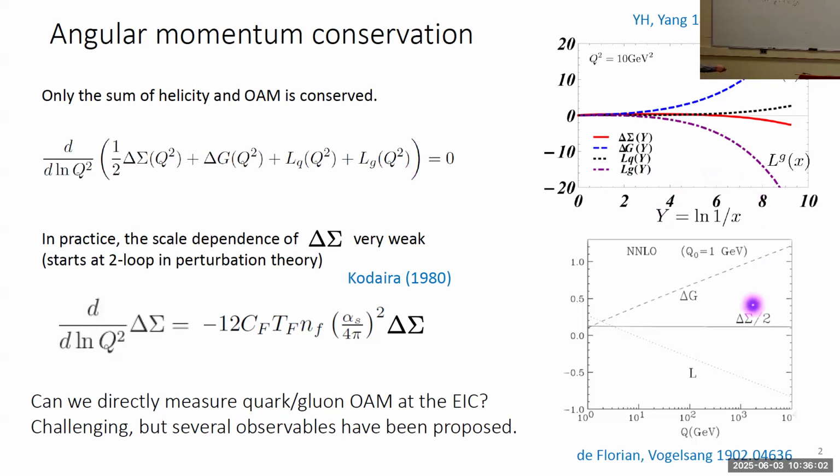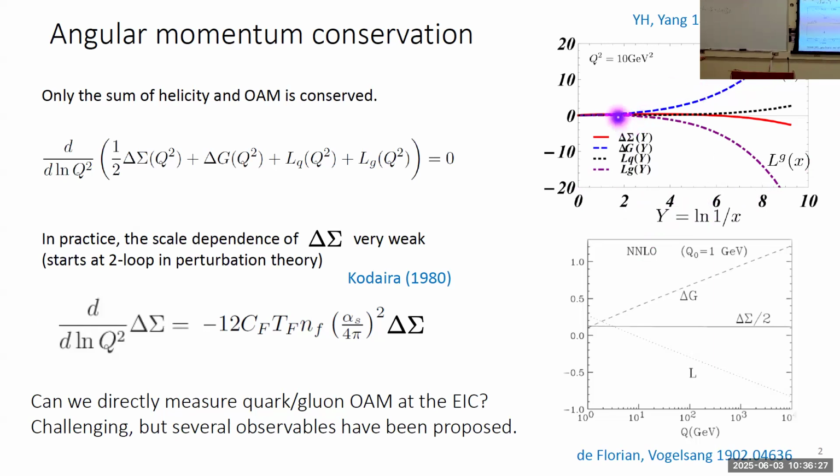And it's not only the total helicity and the orbital angular momentum, but you can also look differentially in x space. So you can define the parton distribution function for the orbital angular momentum, and look at the x dependence of these distributions. This x-axis is log 1/x, so if you go to the right, it's the small x region.